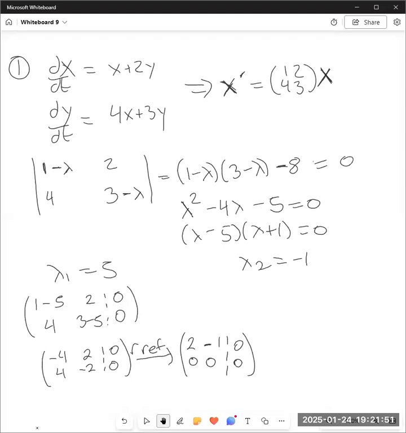K2 is equal to 2K1, where this is my K1 column, this is my K2 column. And so this is 2K1 minus K2 is equal to 0. So I bring K2 to the other side. K2 is 2K1, and K1 is my free variable t in this case.